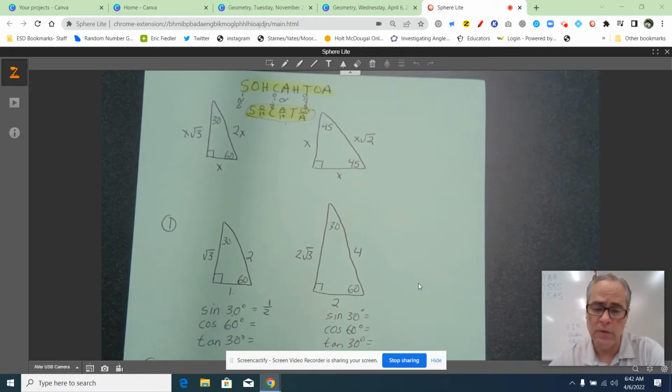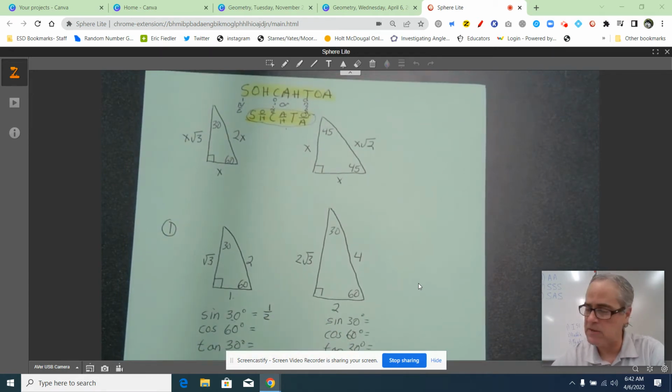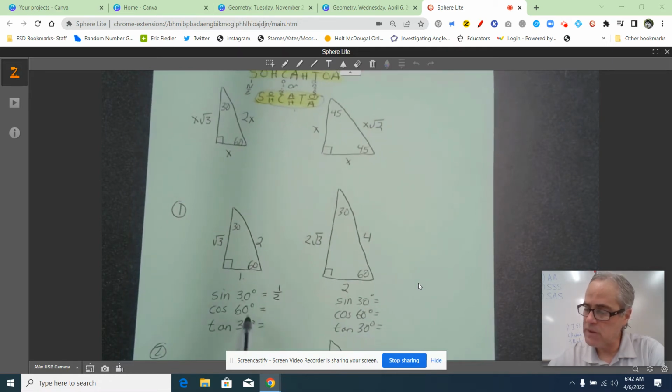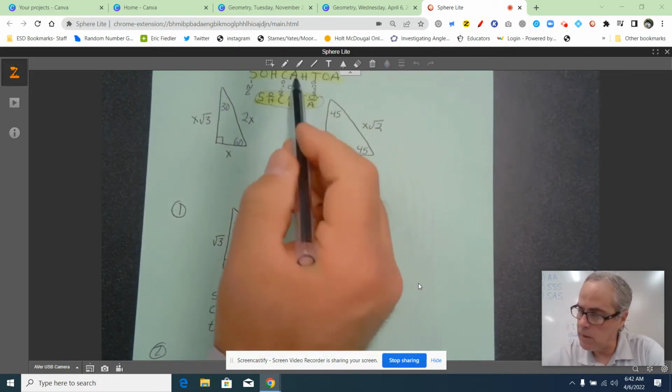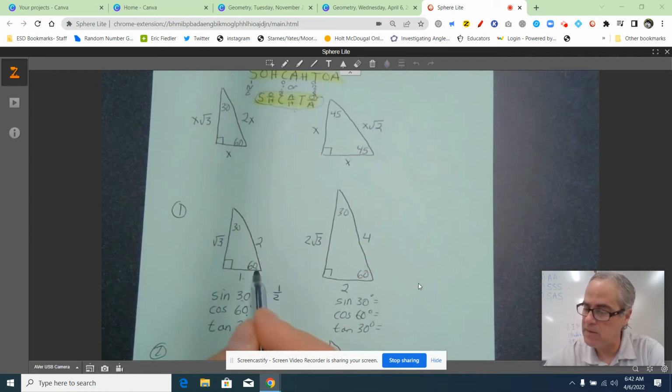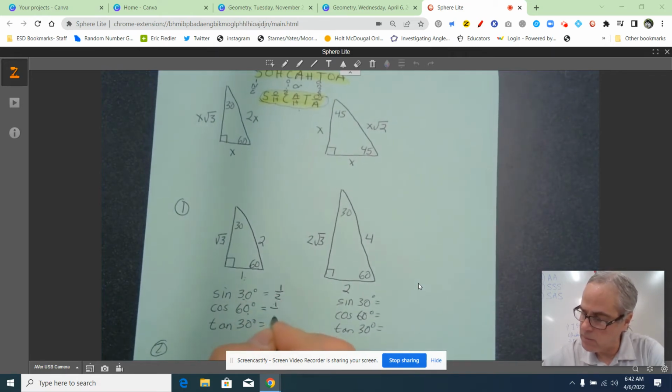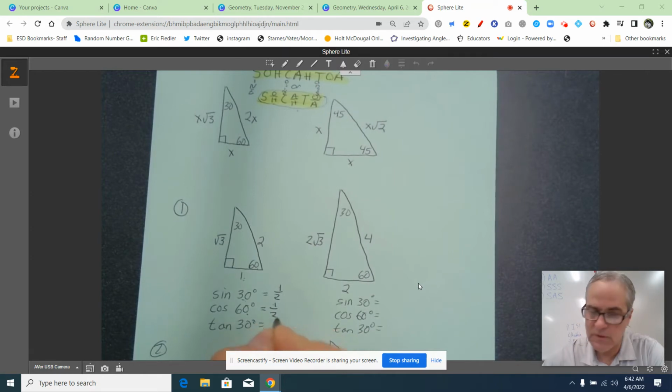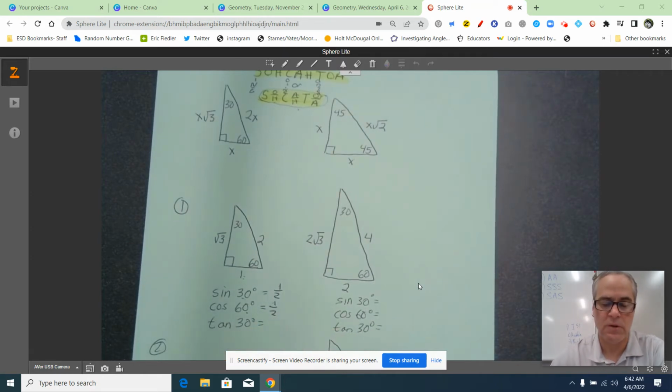We're going to quickly go through these, and we'll slow down and take more time in class to make sure we get it. What's the cosine of 60? Cosine is defined to be the adjacent side over the hypotenuse. What is adjacent to 60? That's this one right here. And the hypotenuse is still 2. So the cosine of 60 is 1 over 2. The sine of 30 and cosine of 60 happen to give us the same answer.